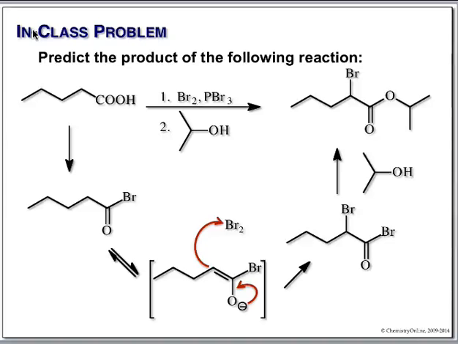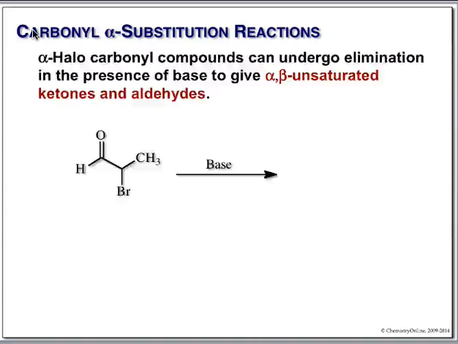the video. Now, as we said earlier, once we make the alpha-halo compound, this is actually nicely set up for a very simple E2 elimination. If we simply take our alpha-halo aldehyde in this case and toss in a base, we're going to do a simple E2 elimination. In an E2 elimination, the base is going to pull off a proton.